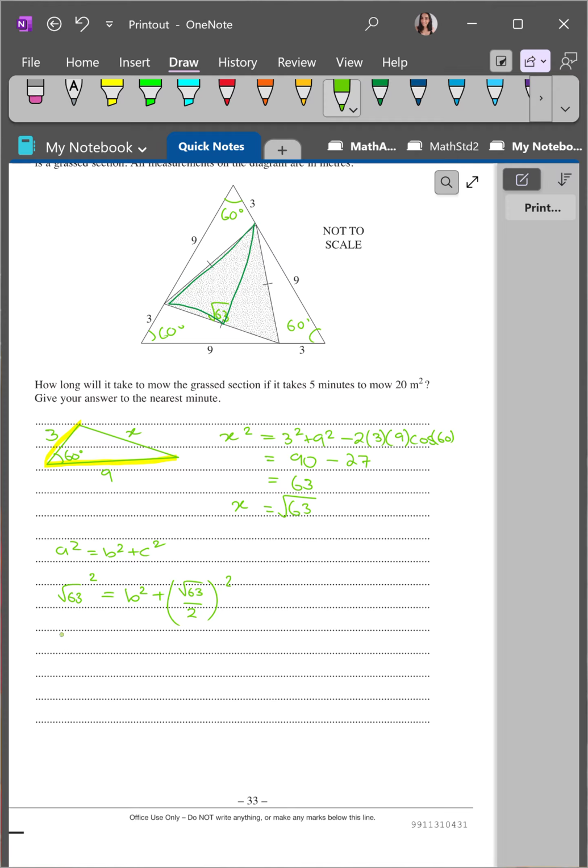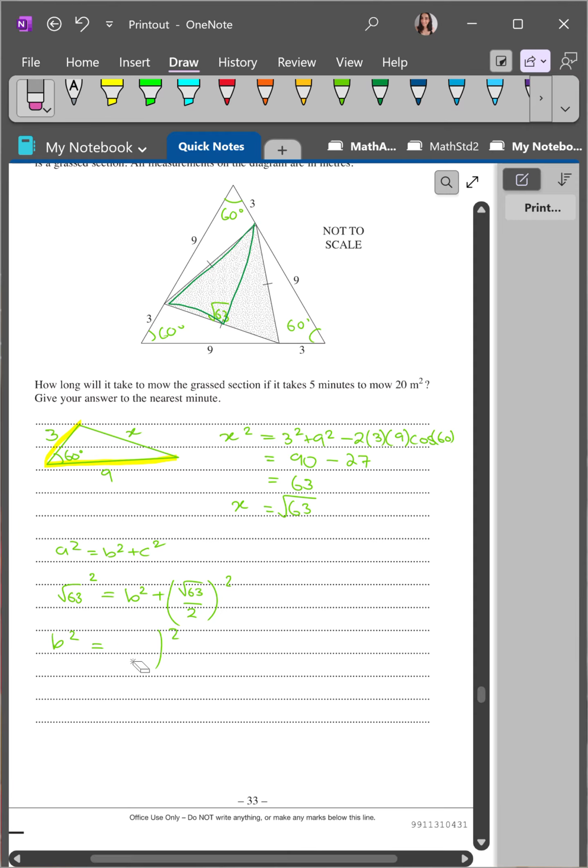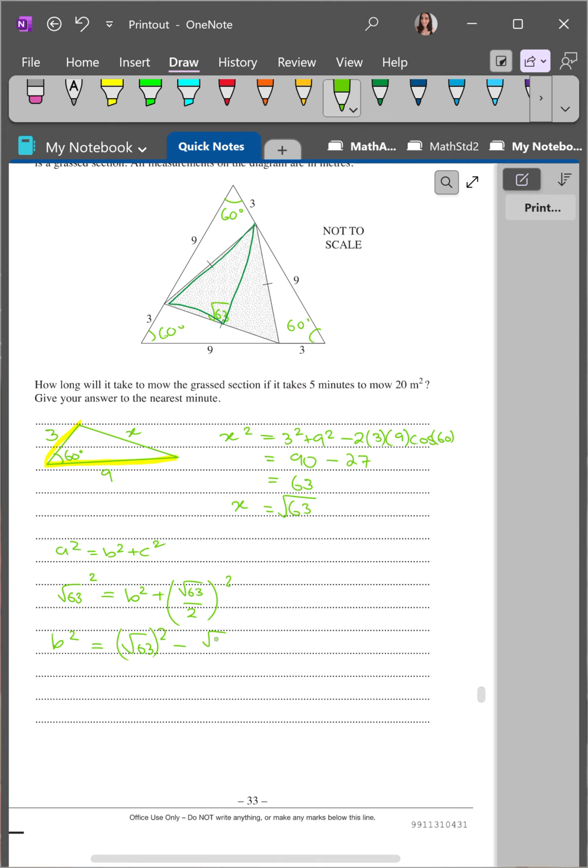Sorry, I got them the wrong way around. So we are going to do the square root of 63 squared minus the square root of 63 on 2, squared. And then to get b, we're just going to square root all of that.